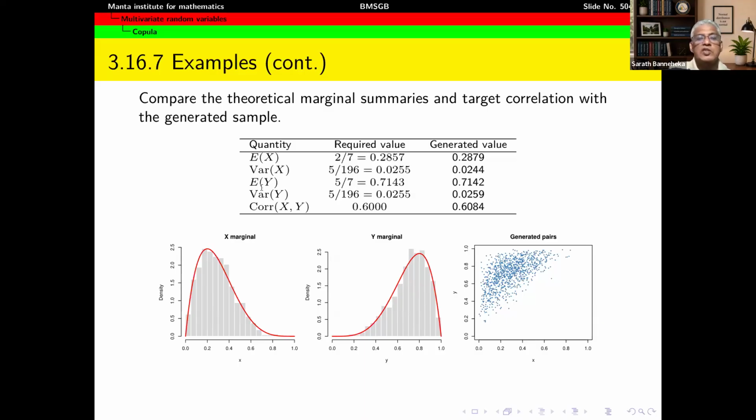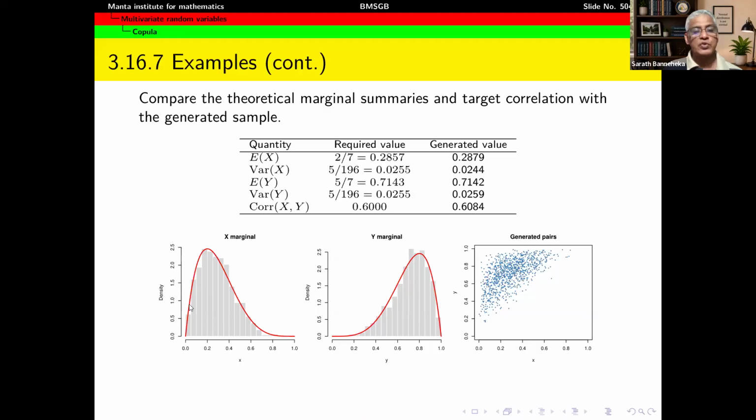And similarly, expected Y mean is 5 divided by 7, that is 0.71, and this is what I got. Again, pretty close. So the generated X, Y values actually have the expected mean and variance of a beta distribution.